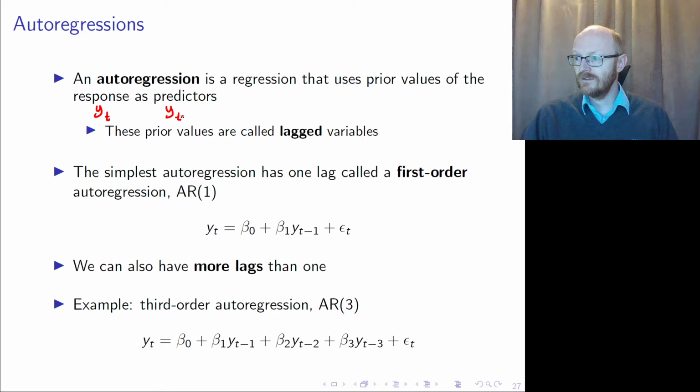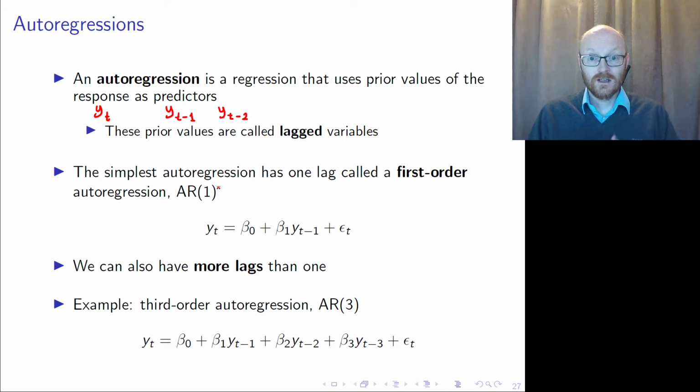So for example, y at time t minus 1 or y at time t minus 2. For example, you use the price of houses last month to predict the price of houses this month.